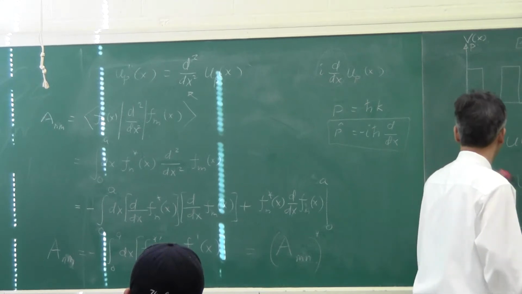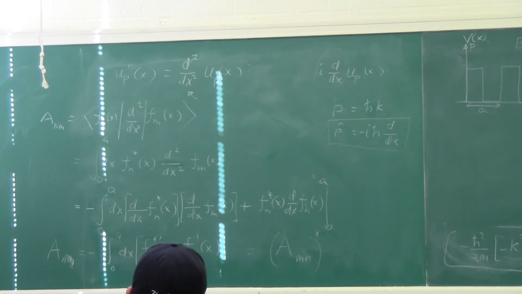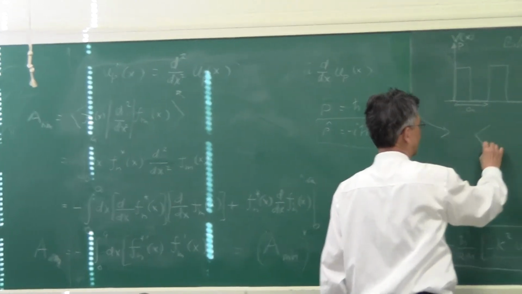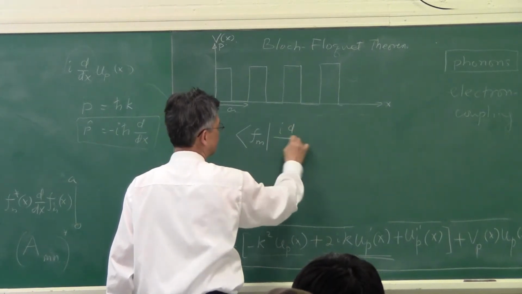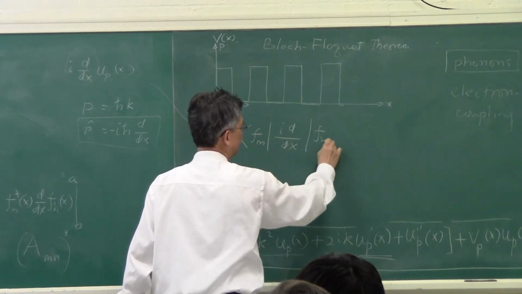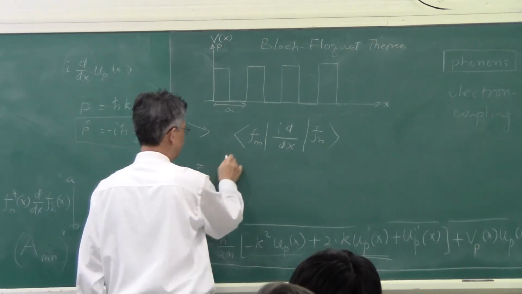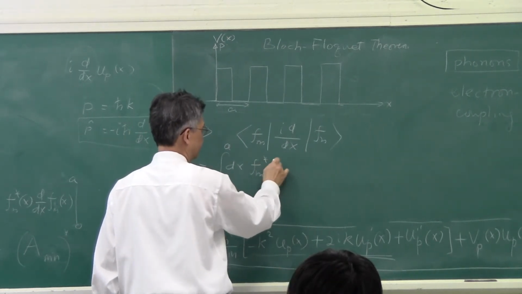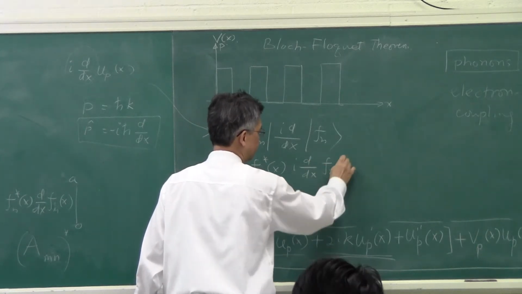Let's go through that. If an operator is Hermitian, its matrix representation is always Hermitian. So if I take this and try to find f_m, i d/dx of f_n, then by definition this quantity will be the integral from 0 to a of f_m*(x) i d/dx f_n(x) dx.